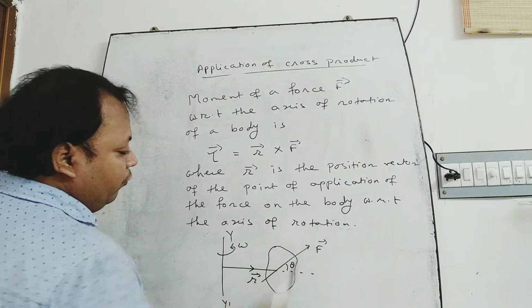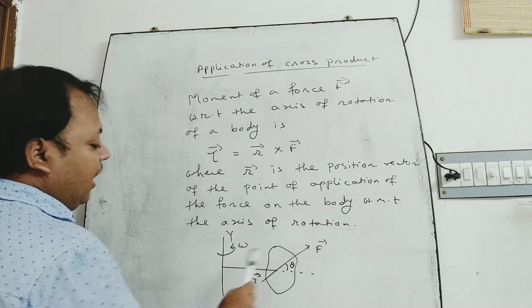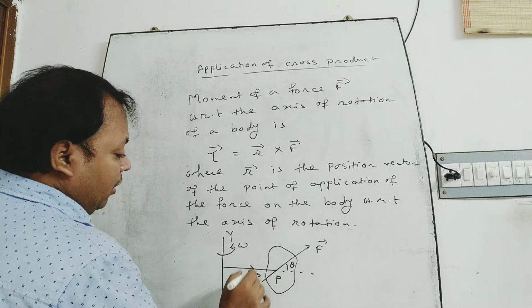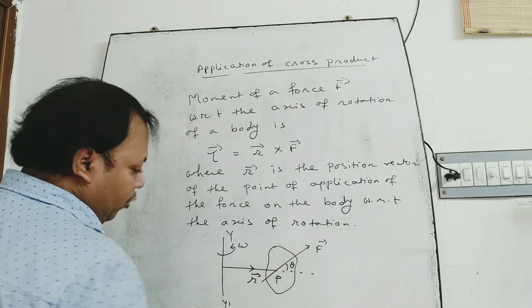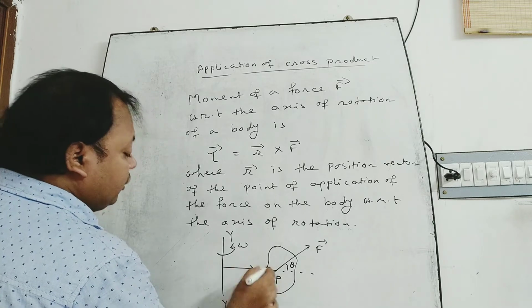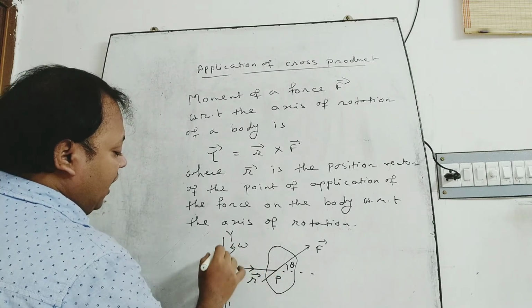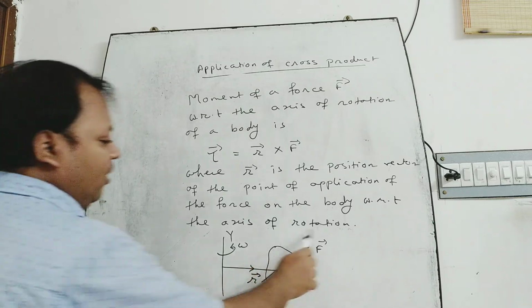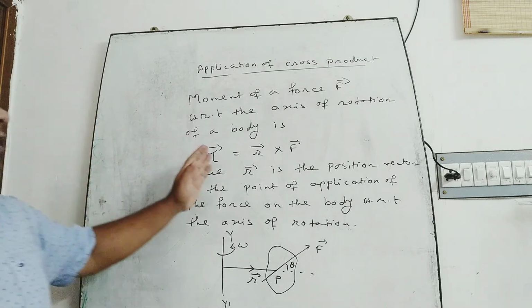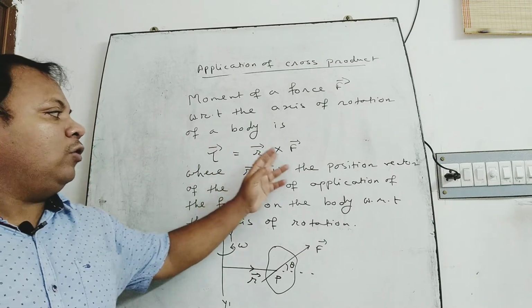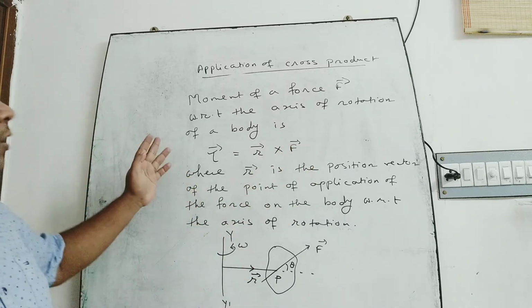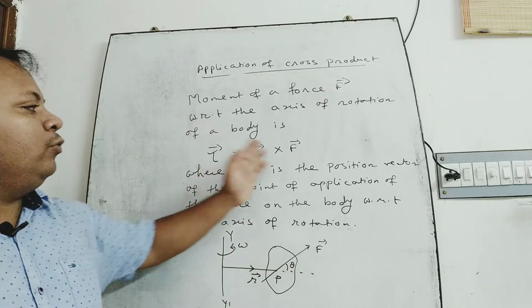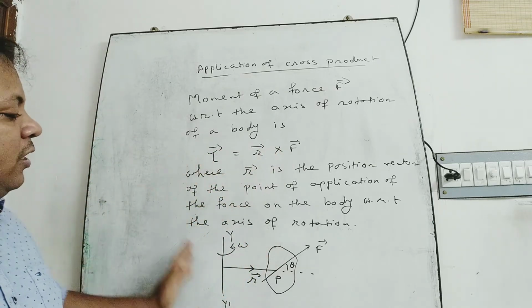F is the force applied on the body and r is the position vector of the point P, where P is the point of application of the force on the body. Here the position vector of point P with respect to the axis of rotation is r. Now the torque or moment of the force F is given by tau vector equal to r vector cross F vector. The moment is also known as the torque of the force F. It is responsible for rotating a body.